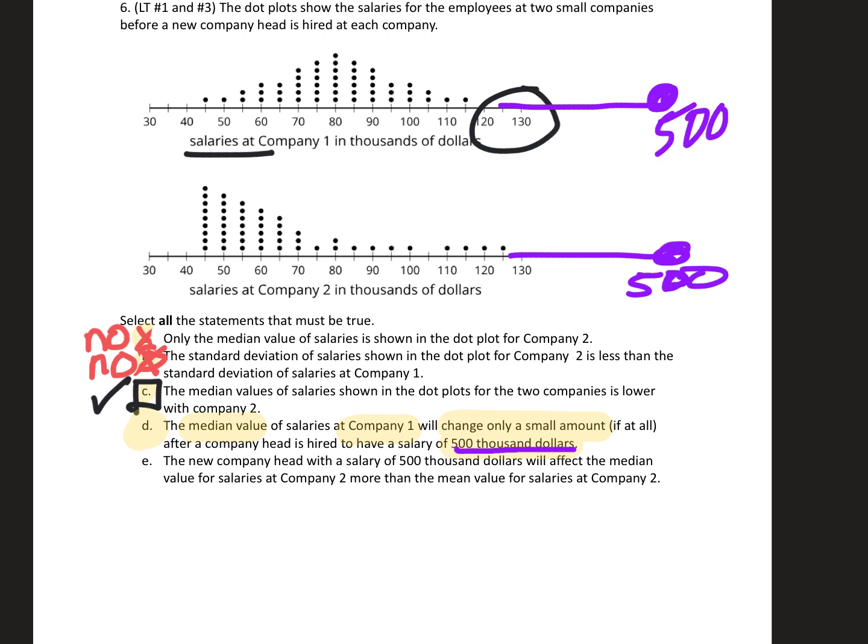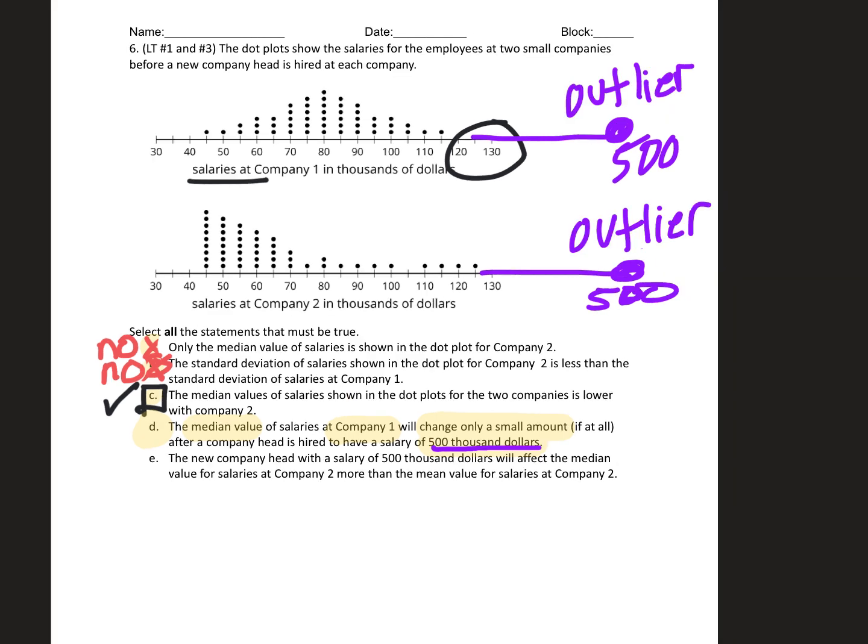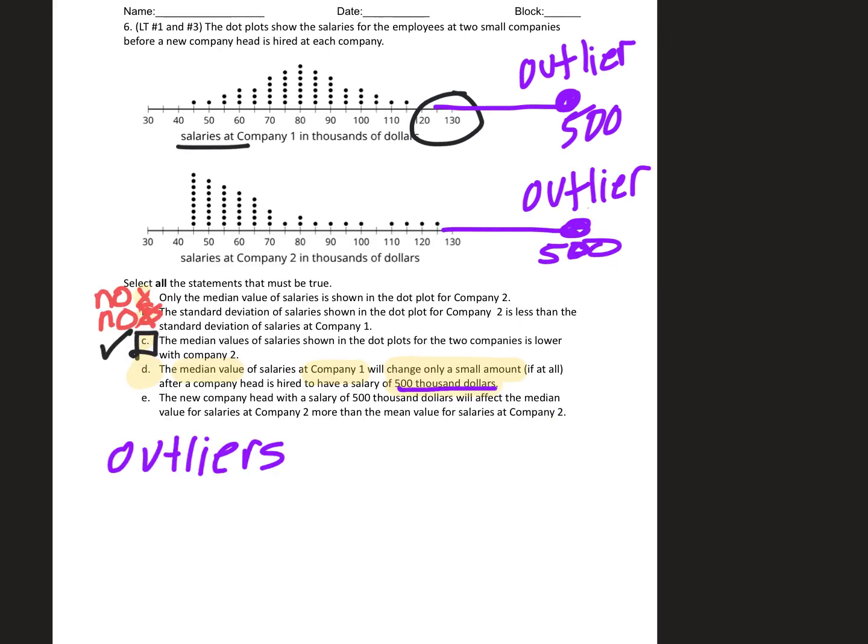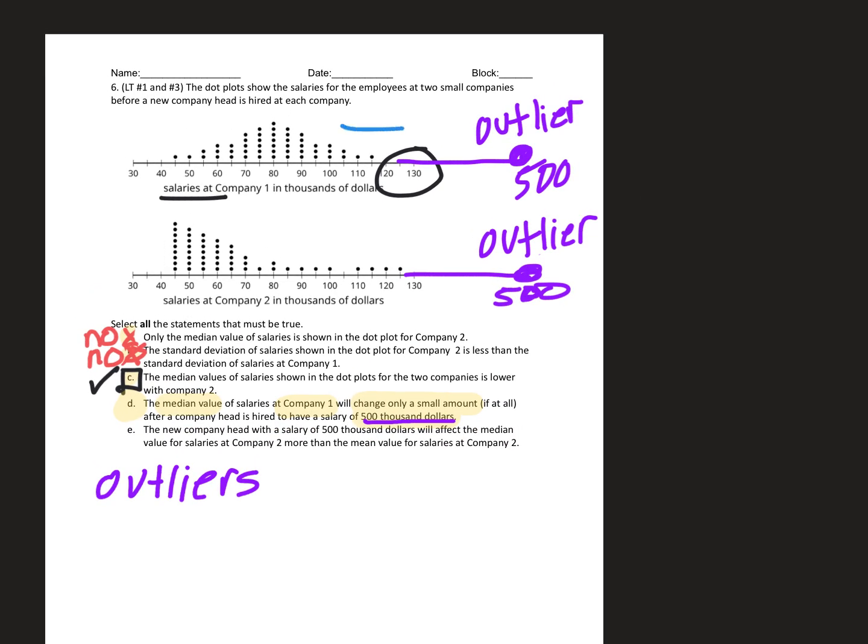And this would be considered an outlier because it's much greater than the other numbers in the data set. So what happens? That outlier, remember, is going to skew. That means it's going to throw off.